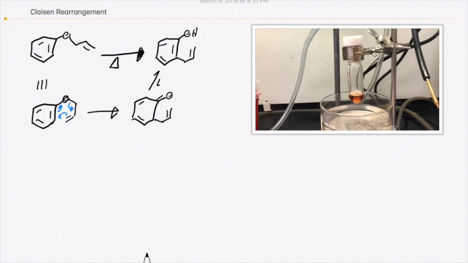So I wondered how much pressure could possibly build up in my reaction flask or my bomb. So I used PV equals nRT. And mainly, we're going to switch this around so that P is equal to nRT over V. So now starting with n, I know that I have 2.5 milliliters of toluene in my reaction flask.